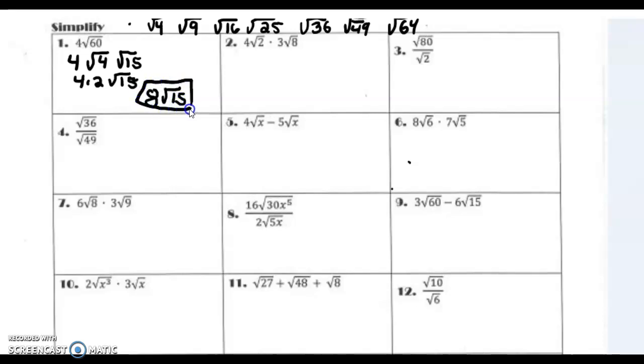Okay. Second one, we're multiplying. Remember, we do the outside and the inside. Now notice this is a perfect square. So this means that the whole thing comes out.